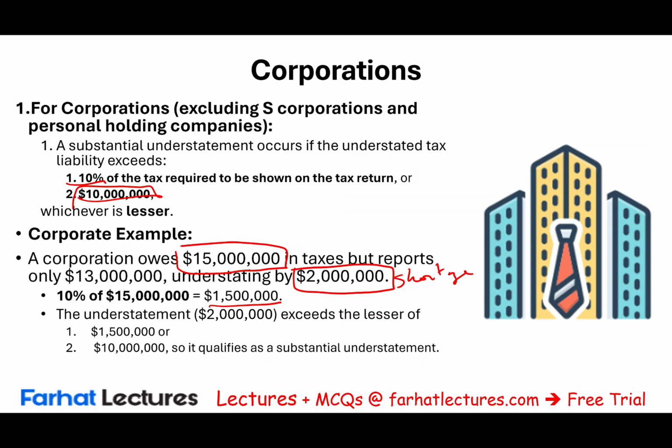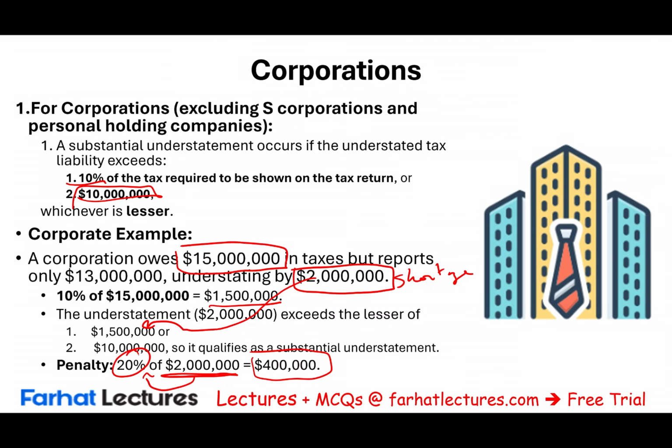Yes, it exceeds $1.5 million by $500,000. What does that mean? It means we have a shortage of $2 million, subject to the substantial understatement of tax liability, subject to a 20% penalty. The corporation will have to pay a substantial understatement penalty of how much?